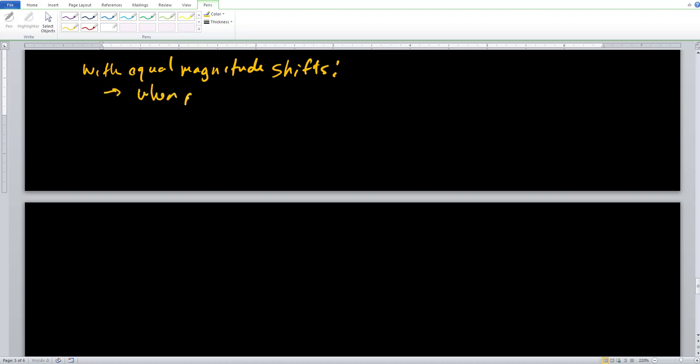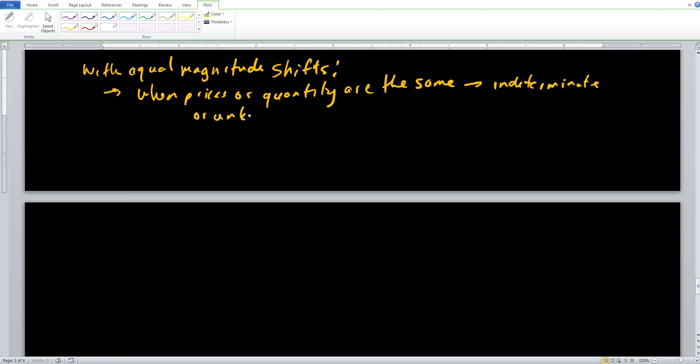So when price or quantity are the same, that also means that they are indeterminate or unknown. Once again, these are all synonymous terms: the same, indeterminate, unknown. They mean the same exact thing for us.